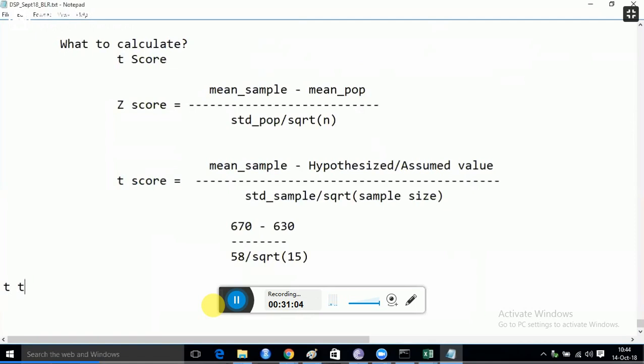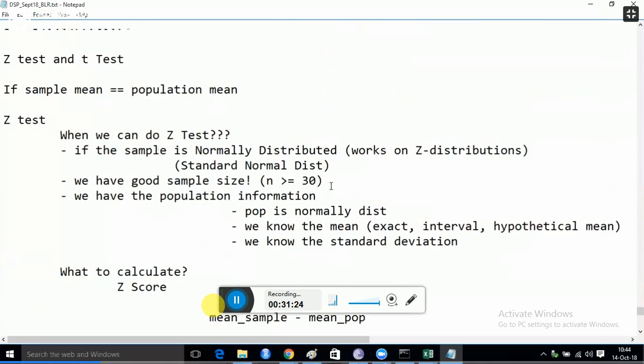So for a t-test or z-test in general, we have the following cases. One sample t-test. I'll be using the word t-test because it is more general, more generic. T becomes z if these conditions are met.